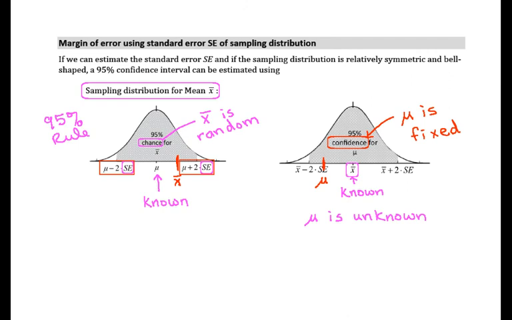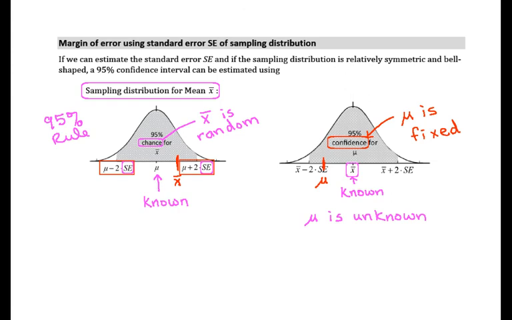We don't talk about mu using language of random chance and probability. So we have a 95% chance in the first example, given a known value of mu, that x bar is in that interval. When we turn it around and look at it in the other direction, based on our value x bar, we now have 95% confidence that mu is in this interval.